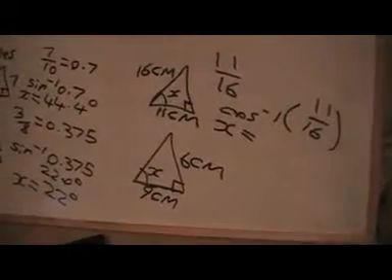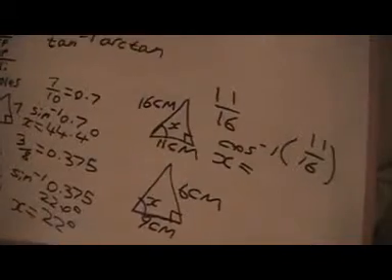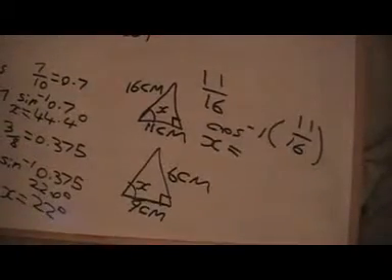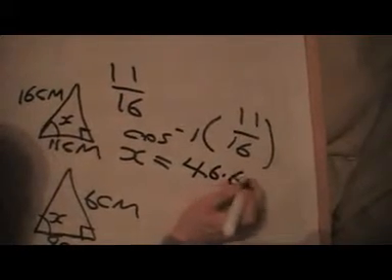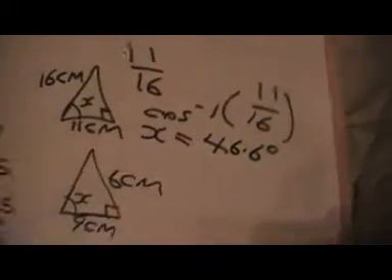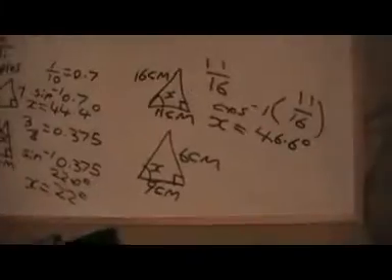That's because I've put cosine instead of inverse cosine. Right. Let's see what we get. We get 46.6 degrees to 1 decimal place.